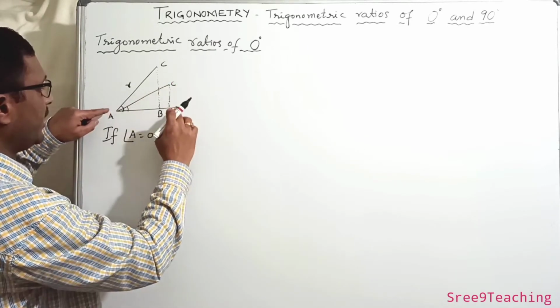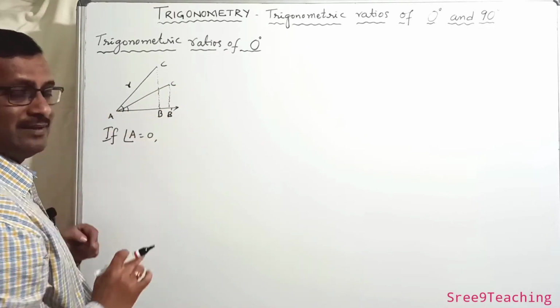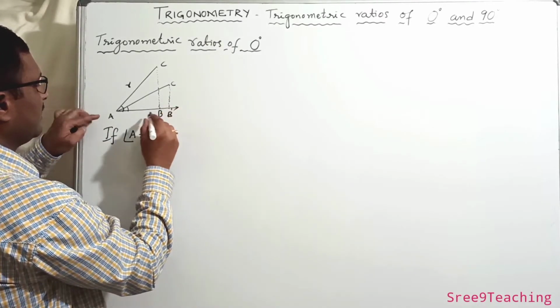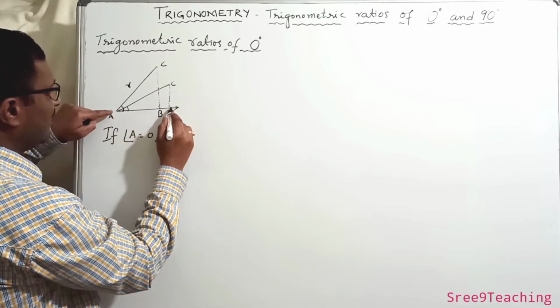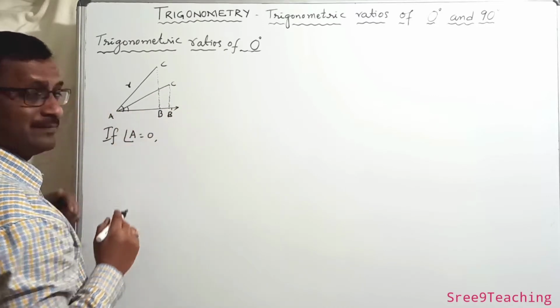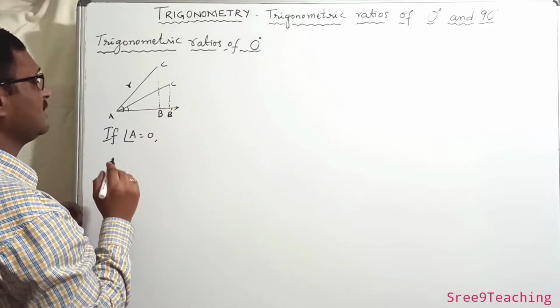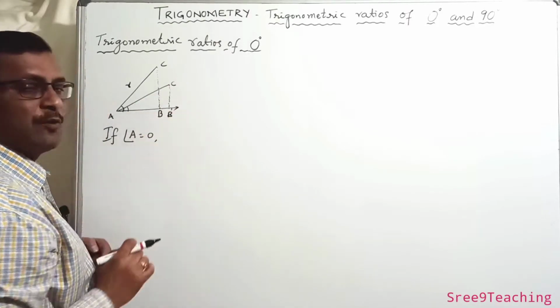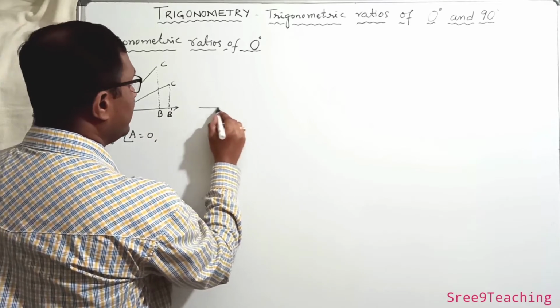AC coincides with AB, right? The AC coincides with the ray, and if you take B dash, or instead of B dash you can take B, AC and AB will coincide. Again I am drawing here.